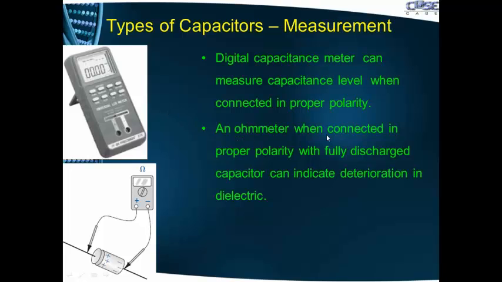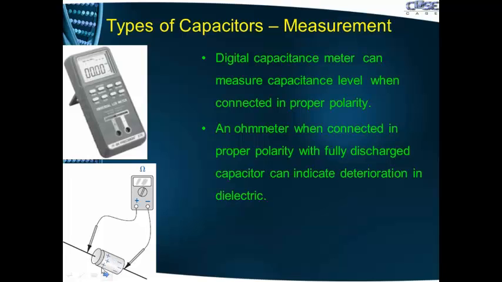An ohm meter, when connected in proper polarity with a fully discharged capacitor, can indicate deterioration in capacitors. The ohm meter will not give the value of the capacitance, but it will indicate the status of the capacitor, whether it is good or bad.